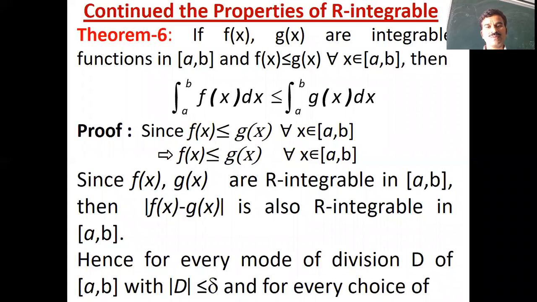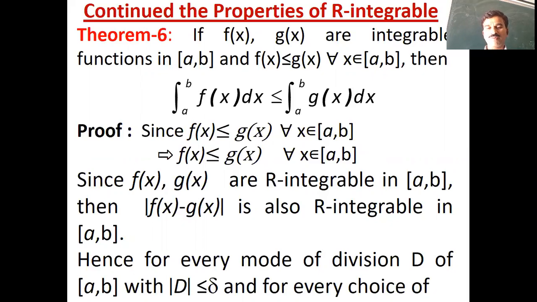Since f(x) is less than or equal to g(x) for all x belonging to the closed interval [a, b], and f and g are integrable in [a, b], the difference g(x) minus f(x) is also R integrable in [a, b].